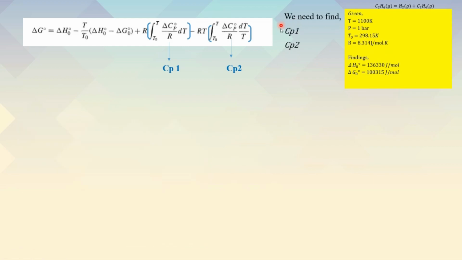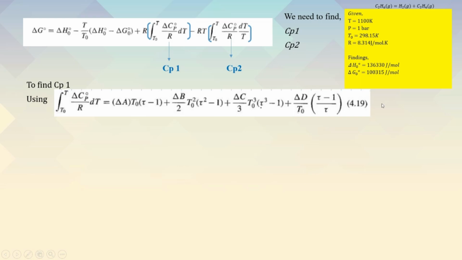Now we need to find CP1, the first integration, and CP2, the second integration. To find the first integration, CP1, we will use the equation shown here, equation 4.19. You can find it in our reference book. To calculate CP1, we need the value of tau, del A, del B, del C, and del D. The tau value is T divided by standard T, which gives 3.6894.